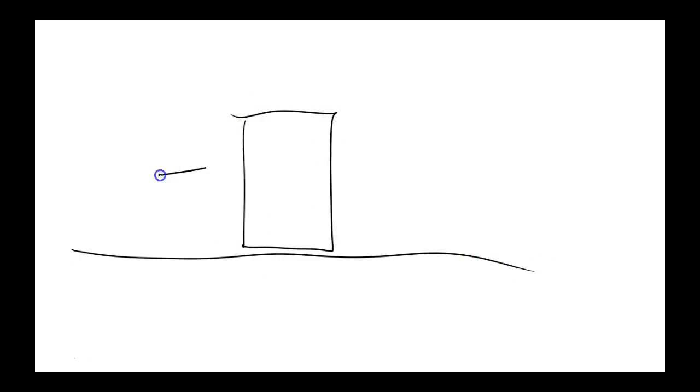Two workers push in the same direction to the right on a crate. So here's the crate. On the floor, you got worker 1 and worker 2. Pushing on the crate in the same direction. The force exerted by worker 2 is 150 pounds.